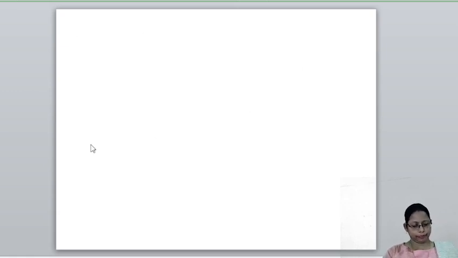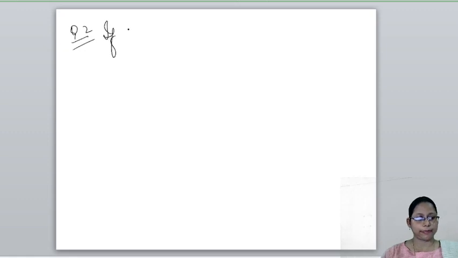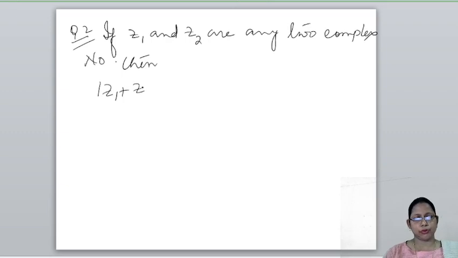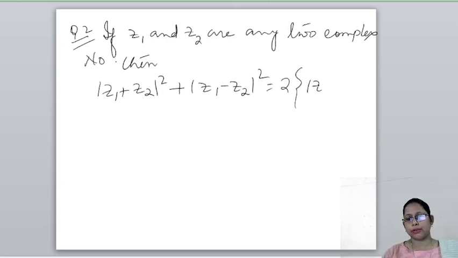Next one. Question number 2. If Z1 and Z2 are any two complex numbers, then modulus of Z1 plus Z2 whole square plus modulus of Z1 minus Z2 whole square is equal to twice modulus Z1 square plus modulus Z2 square.